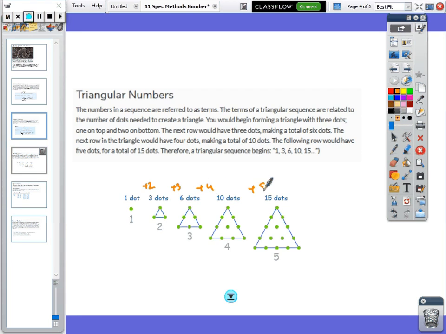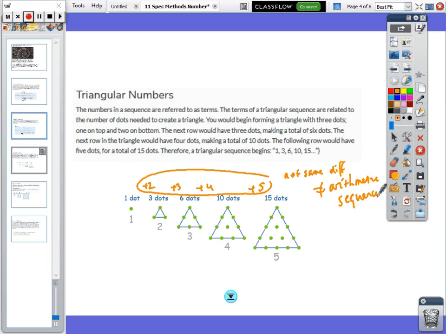So there is a pattern there, but it's not the same number, so it's not the same difference. The difference is increasing, so it's not an arithmetic sequence, which is what you did on the previous page. But all these can be formed into dots that make a triangle. These are the examples just there. Copy that and come across when you're ready.